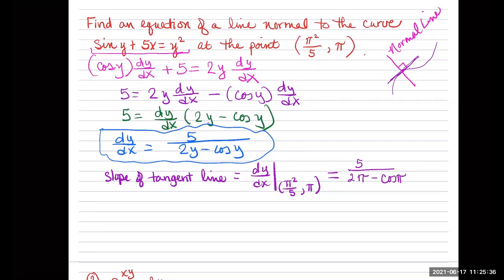But what is cosine of pi? Yeah, -1. Very good. So we end up with 5 over 2 pi plus 1. So that's the slope of the tangent line, but we want the slope of the normal line.